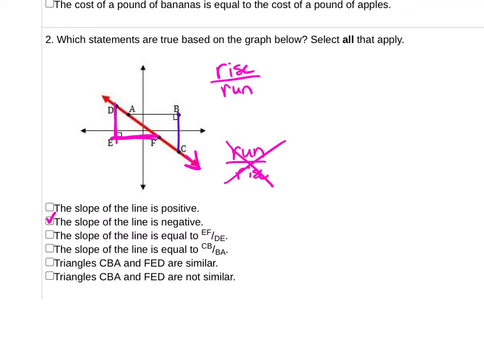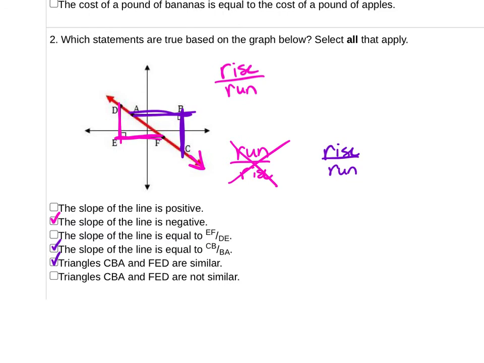Well, CB is here, BA is here, and it is rise over run in one triangle, so this is true. Now, the next two choices are talking about similar and not similar, which we haven't really talked about this year. But if they have the same slope, they will be similar, and you won't be tested on that. We'll go ahead and mark that.